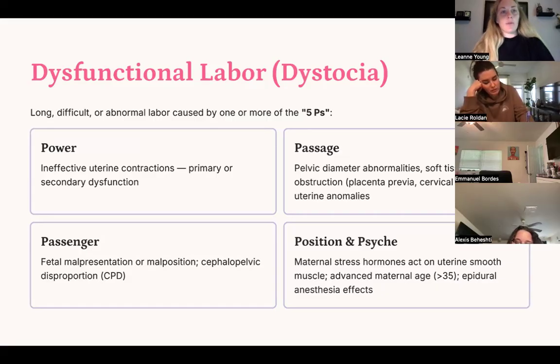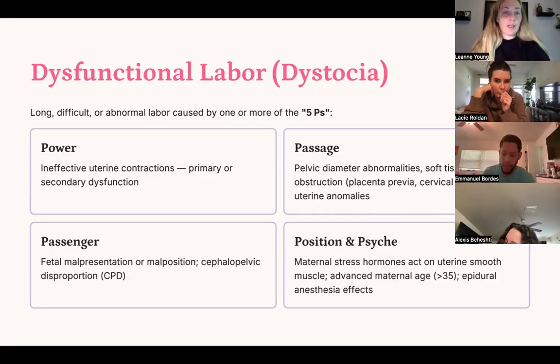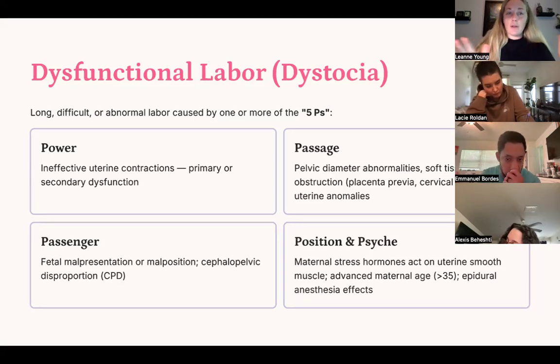So power is referring to our uterine contractions. In a dysfunctional labor or in a dystocia, mom is not having effective uterine contractions. This is going to be because of the primary or the secondary powers. So primary powers would mean usually mom's just not having any contractions on her own at all. And this can be due to a lot of different things.